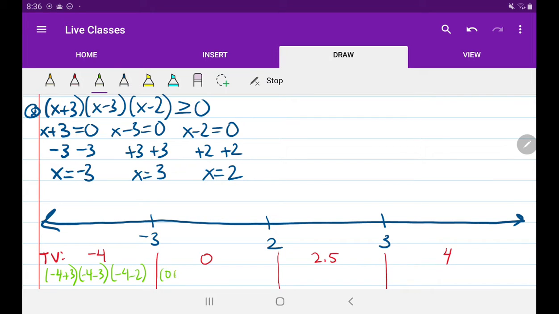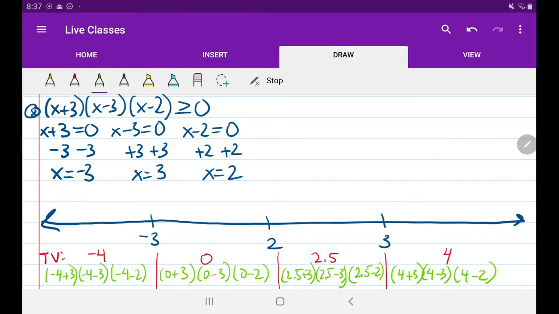I'll do 0 plus 3, 0 minus 3, and then 0 minus 2. I can do 2.5 plus 3, 2.5 minus 3, and 2.5 minus 2. And then I'll do 4 plus 3, 4 minus 3, and 4 minus 2.